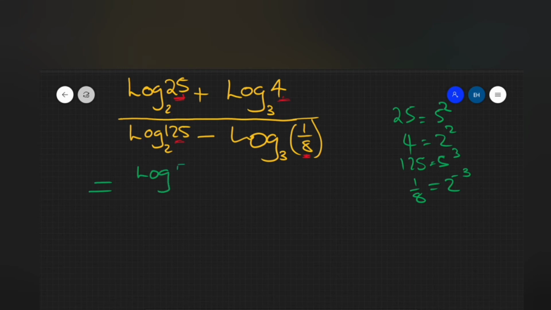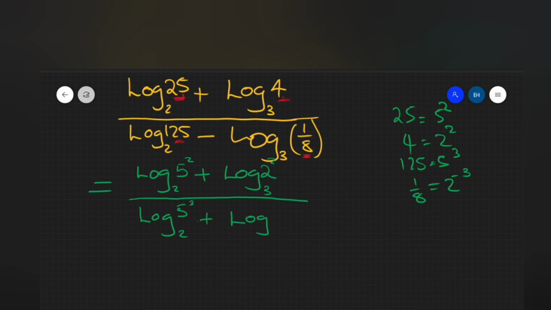Log 5 squared base 2 plus log 2 to the power 2 base 3, all over log 5 to the power 3 base 2 plus log 2 to the power negative 3 base 3. Can you see that?